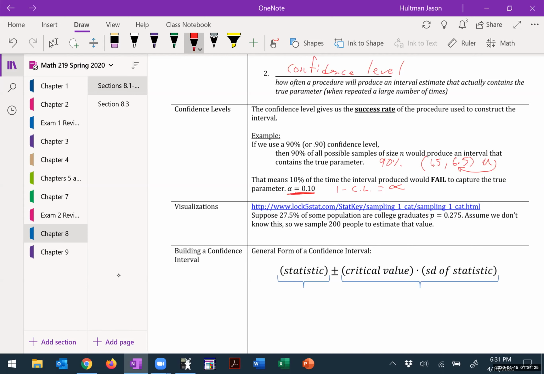And if it's 10%, then alpha is 0.10. So alpha is 1 minus the confidence level, CL. Then that's 10%.